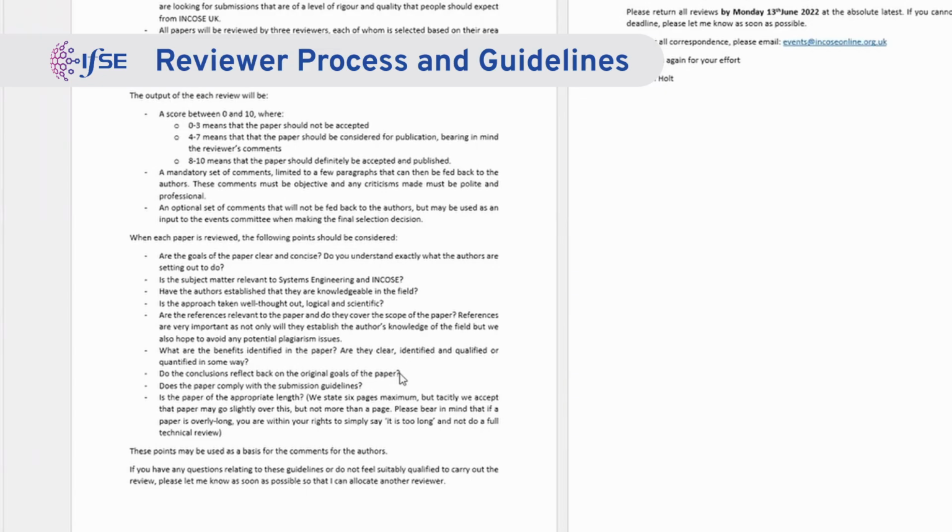And it's not just the printing costs, it's the cost it takes to actually bring all that information together, to format it, to get the covers right, very importantly to get the spine right, because if you go over on your page count, it will throw out the width of the spine, and it will mean extra costs incurred by INCOSE UK. So the length of the paper, we have people bring this up every year. This is why. So it will be 6 pages. Occasionally we'll let people go slightly over, but on no circumstances will it be more than 7.